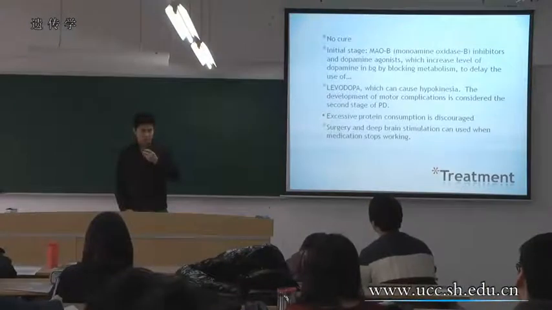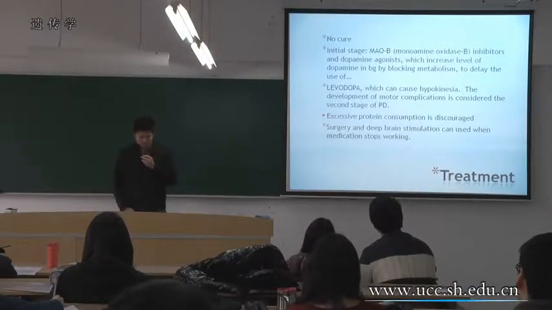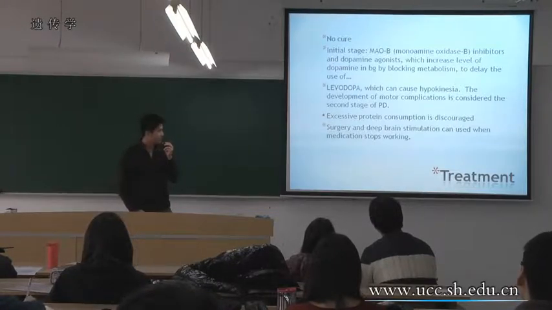For initial onset of Parkinson's, they try to give you monoamine oxidase B, which inhibits the breakdown of dopamine, and that increases your level of dopamine.